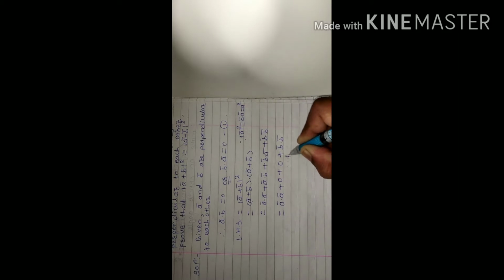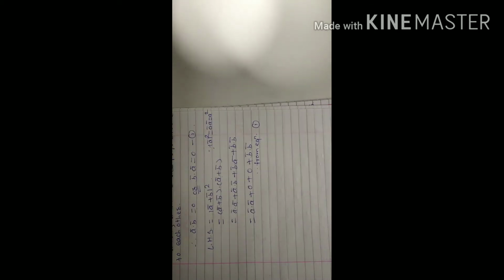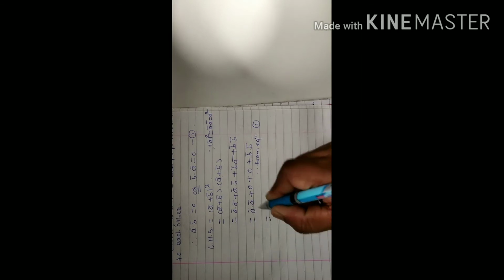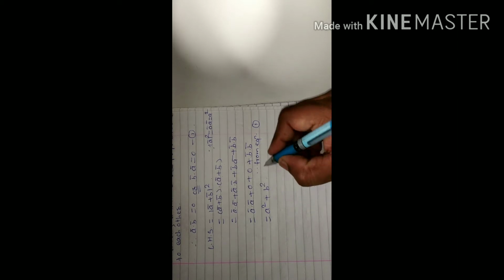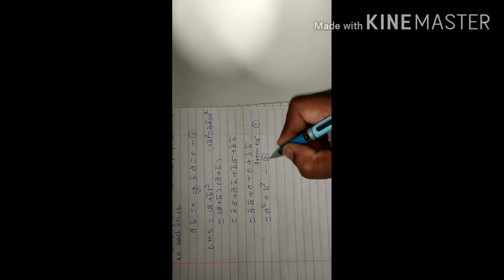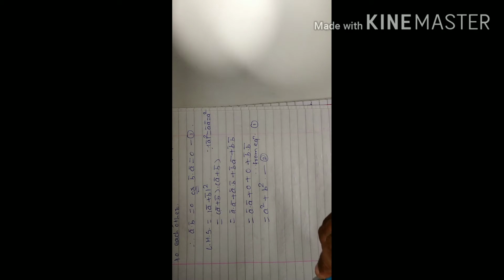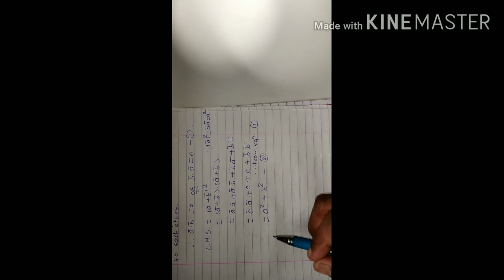Then the remaining terms, a bar dot a bar, we get a square, plus b bar dot b bar, we get b square. We will give equation number second. That is our left hand side.